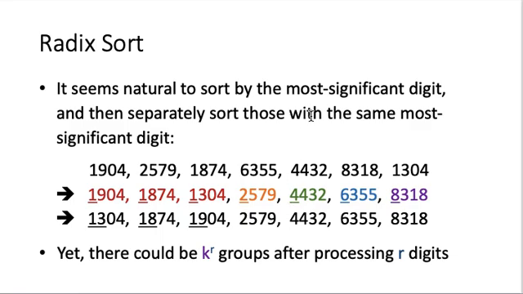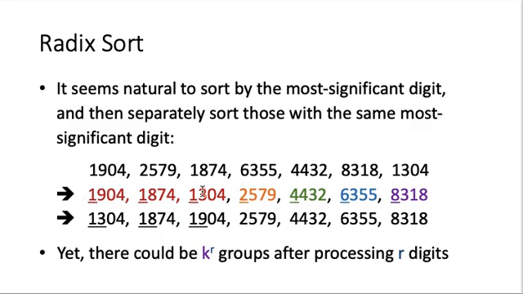So using our real-life experience, it seems natural that we are going to sort by the leftmost, or so-called most significant digit. So what we are going to do here is look at the numbers, and if they have the same first digits, we will put them into the same group. So this is one group here, another group, another group, another group, another group.